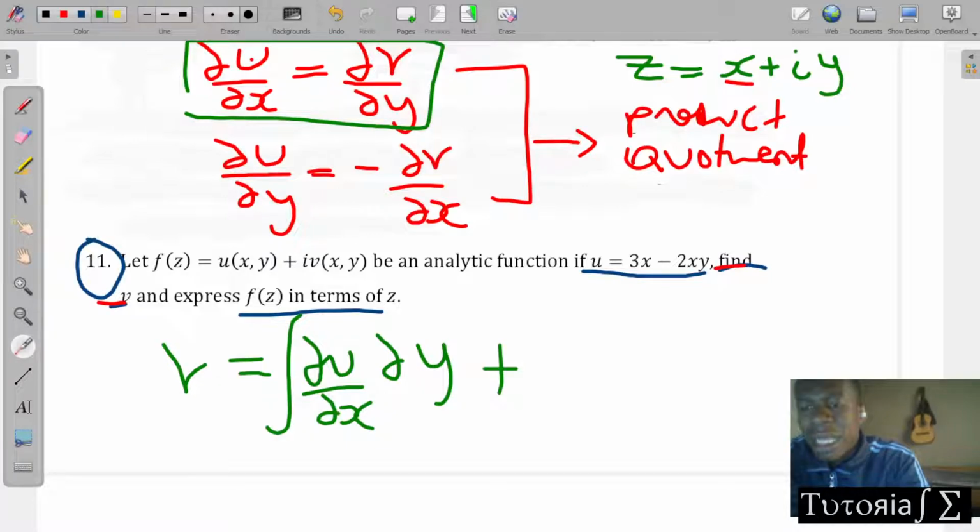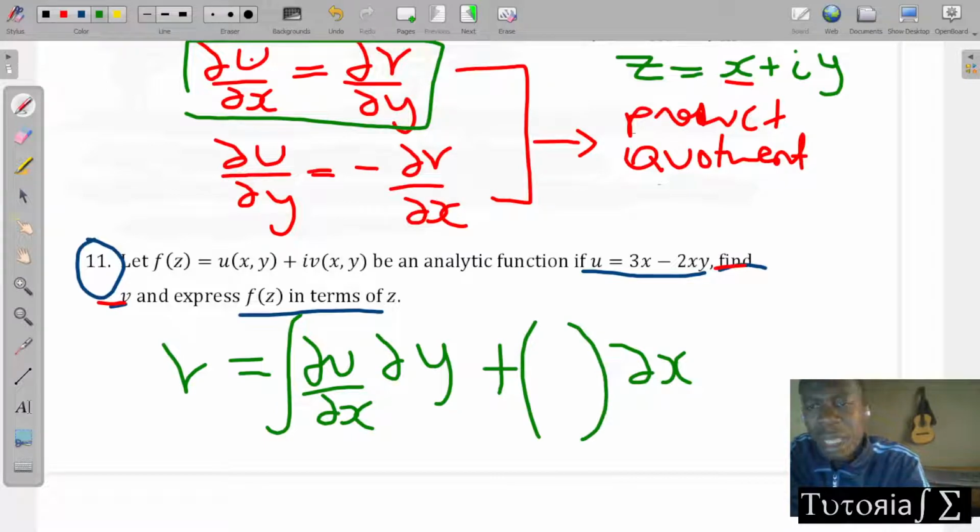What is dv/dx? We've already said dy, so now it's dv/dx. According to the Cauchy-Riemann equations right here, dv/dx, we're going to have a negative du/dy.